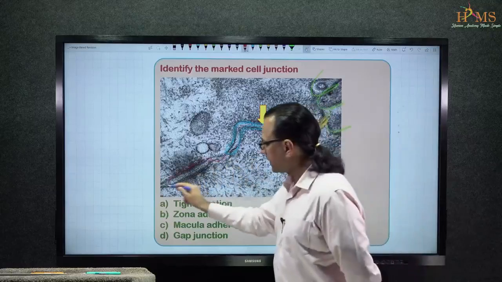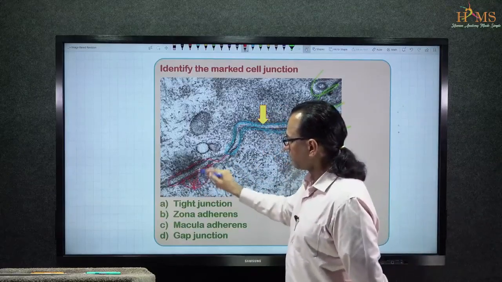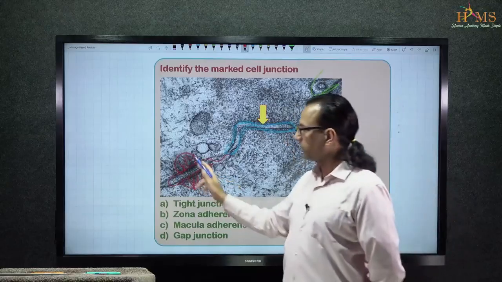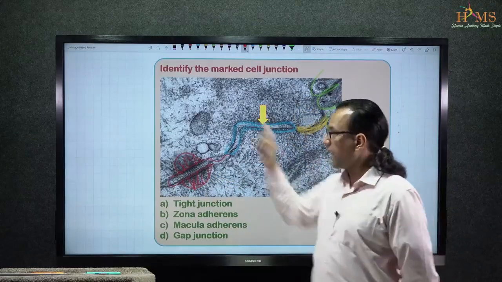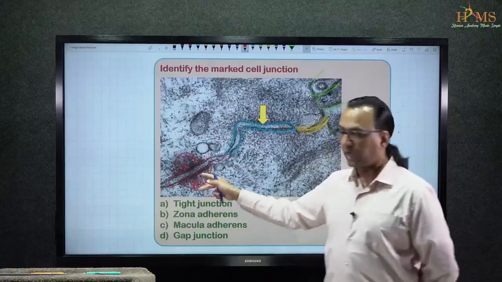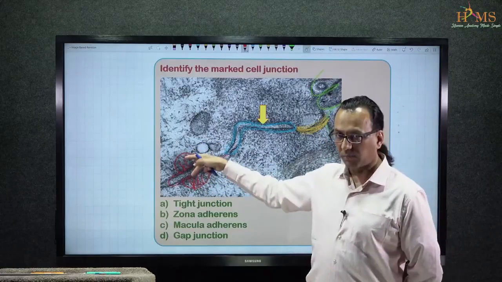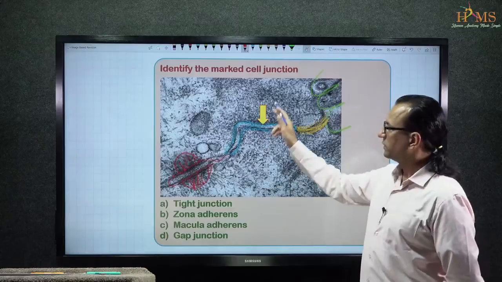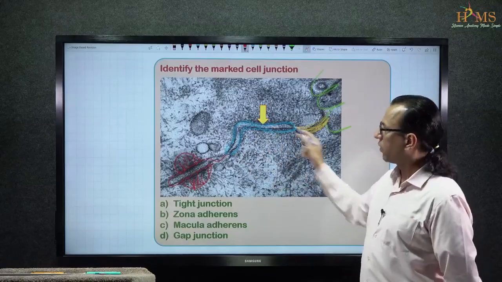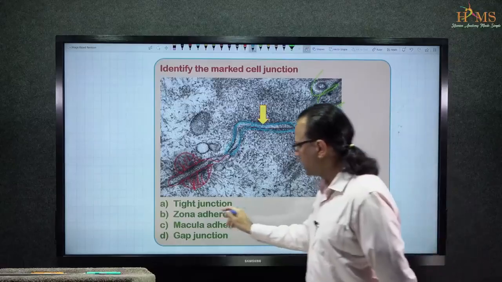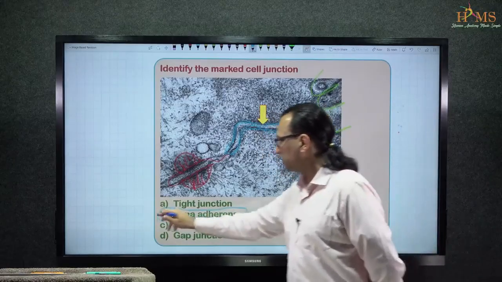And when it comes to this area, you have dense structure on either side, that is the desmosome, with a 25 nanometer intercellular gap between this cell and the other cell, the cell junction desmosome, which is also called macula adherens or the spot welding. But as such, this is the marker, so we already have our answer, zona adherens. Choice number B should remain our answer here.